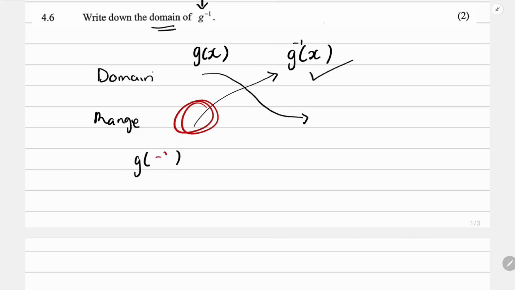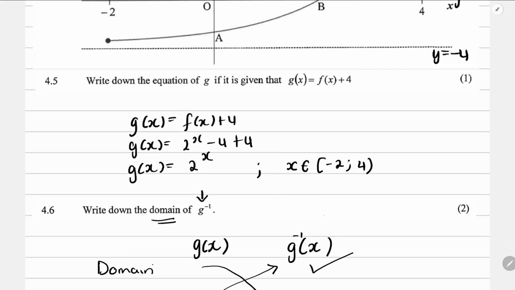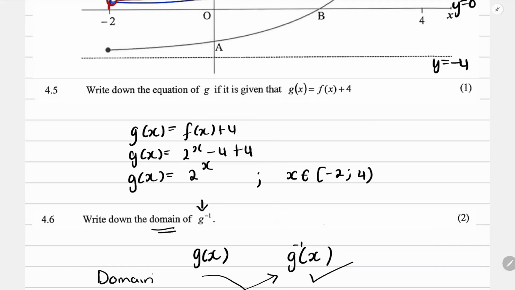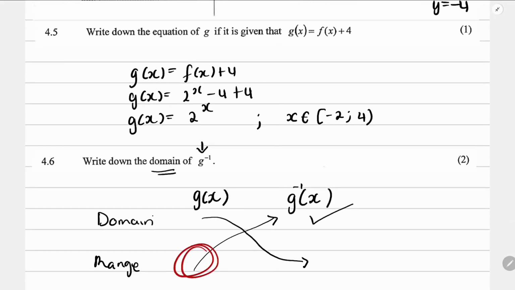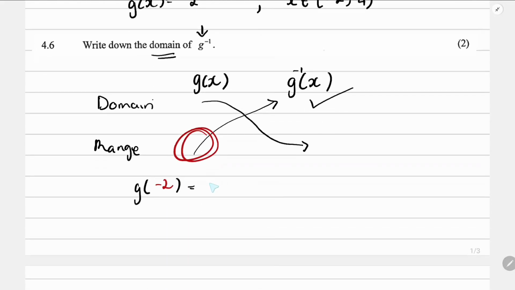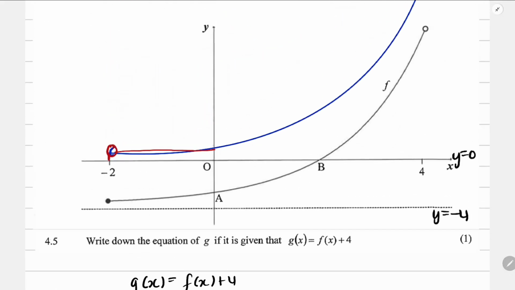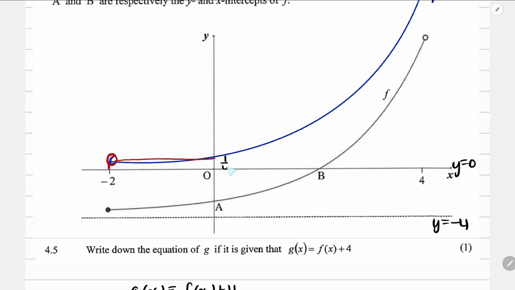I said +2, and that caused the error there. g of -2 is equal to, and we know what our function of g looks like already, it's 2 to the power of -2, which gives you 1/4.